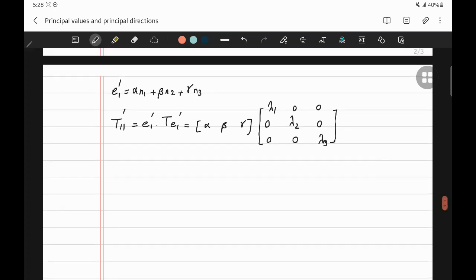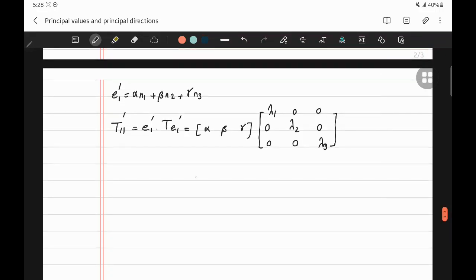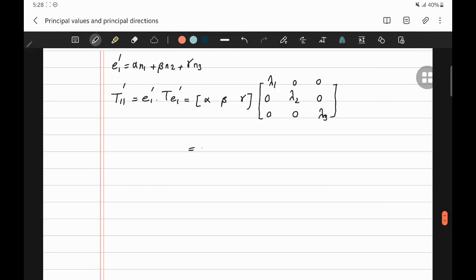Also, you have to write this as a column vector here, alpha, beta, and gamma, because either you put it in as a row vector, or you write it as a column vector.